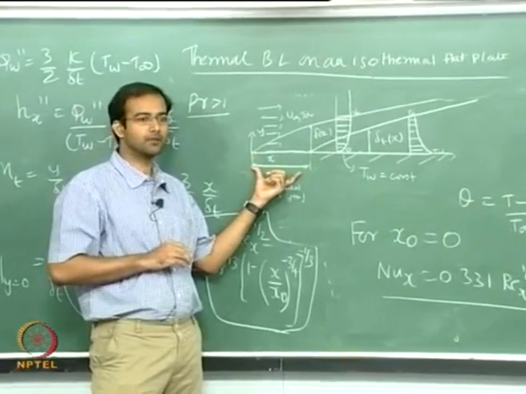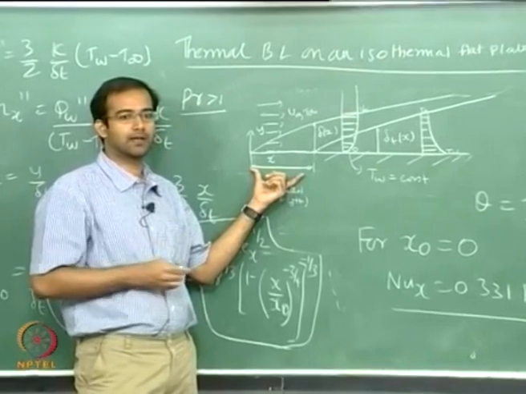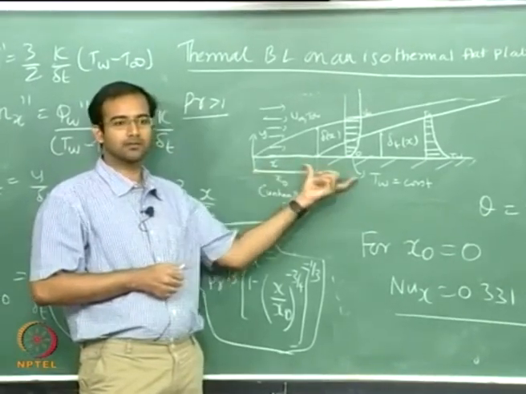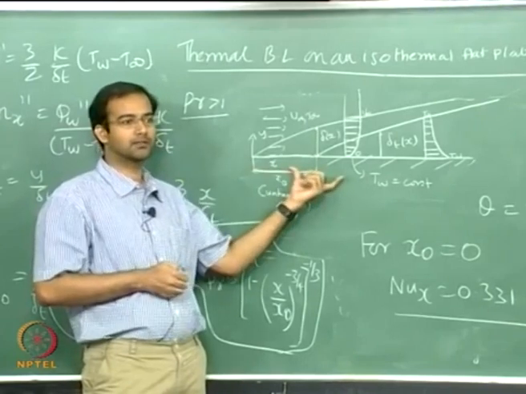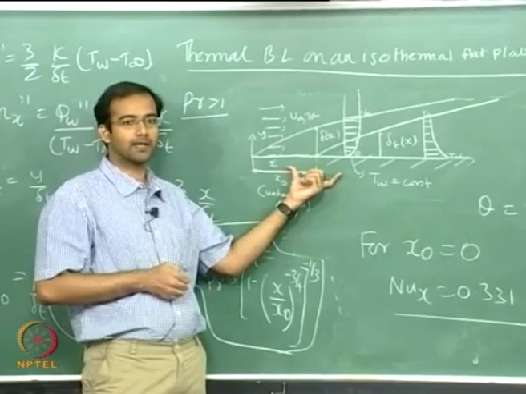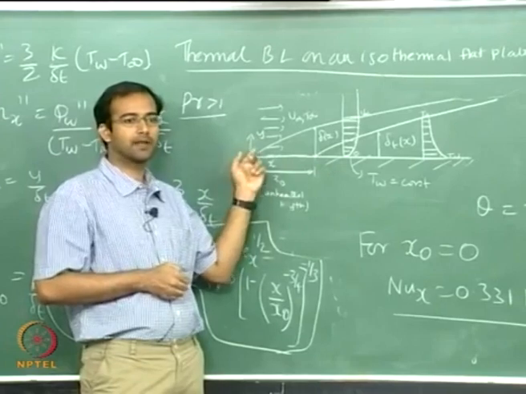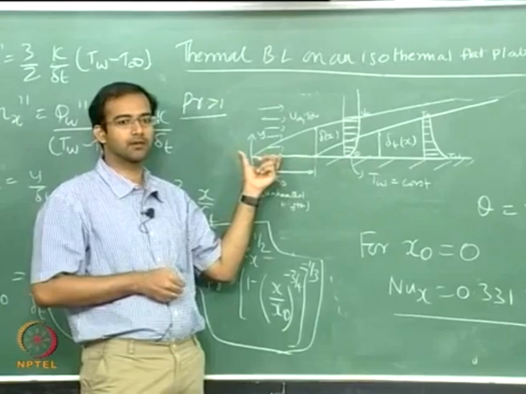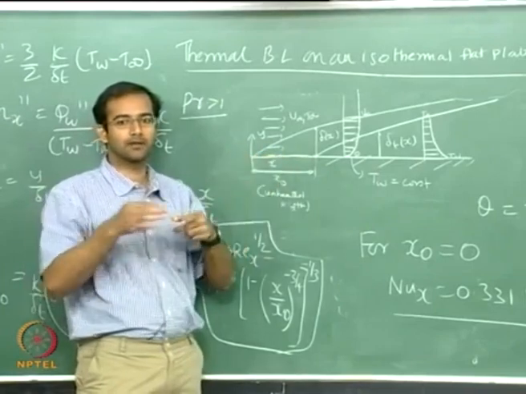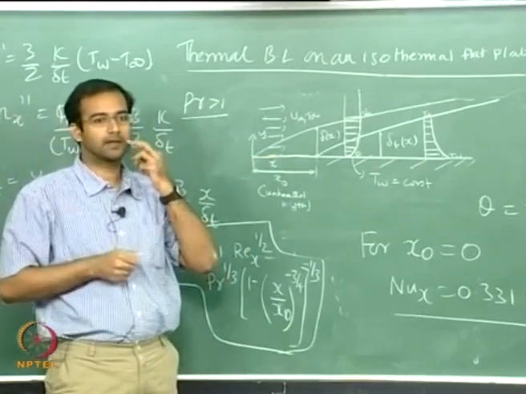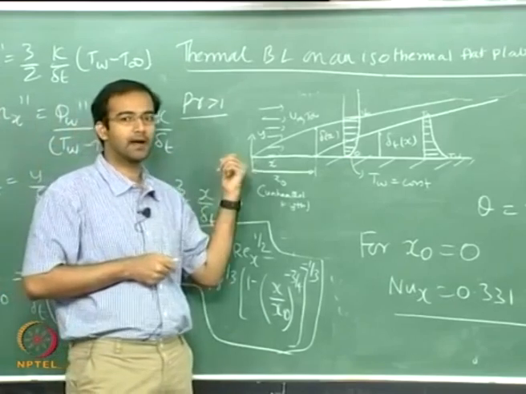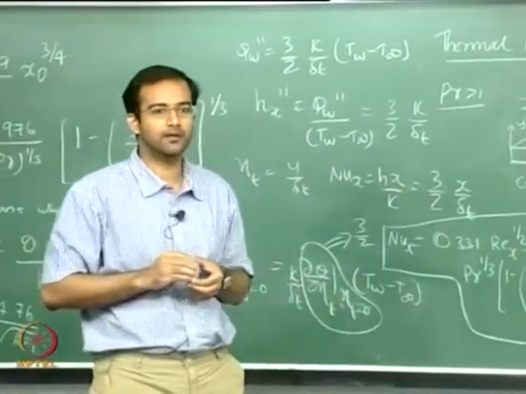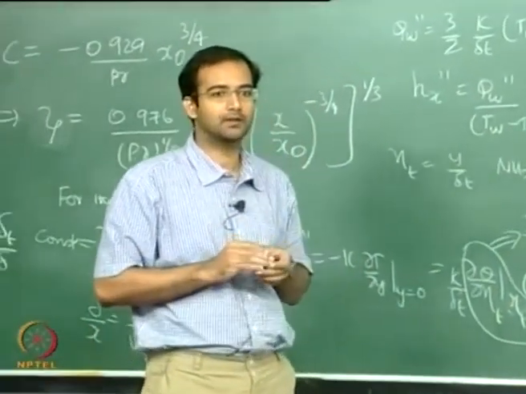but it also gives some flexibility in applying variable boundary conditions. For example, we will see in a few classes, three to four classes down the line, that we can use the approximate method for a case where the temperature varies along the wall. It could be linearly varying or piecewise constant, whatever it may be, and that can be handled with the approximate solution, which cannot in fact be done with the similarity solution.